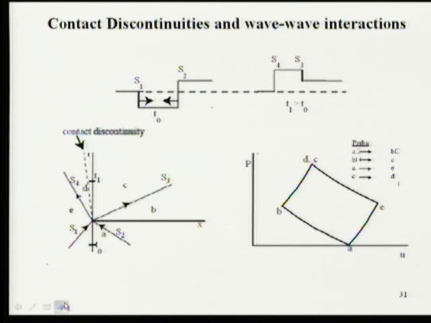If you have, for example, two waves interacting, or actually colliding, two shock waves colliding, this shock is going to run into this other shock. We can use impedance matching to find out what the final state is.